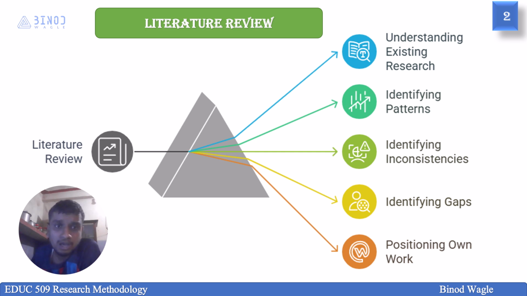It helps researchers understand what has already been studied, and it also identifies the pattern of the study, whether there are any gaps in the research, and the position of the researcher's work within the broader academic context.